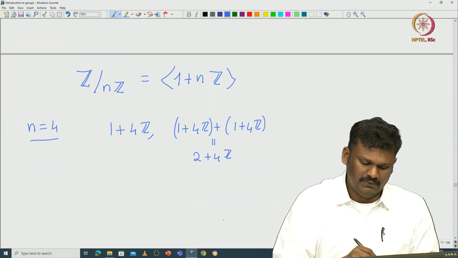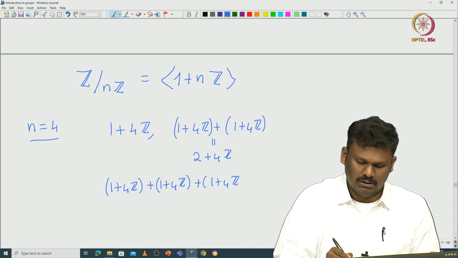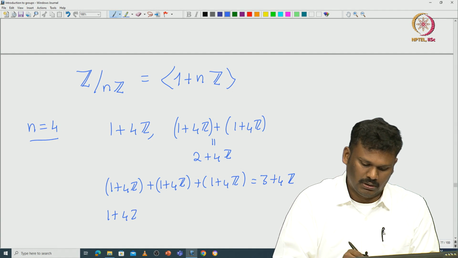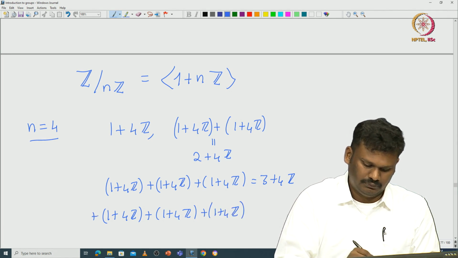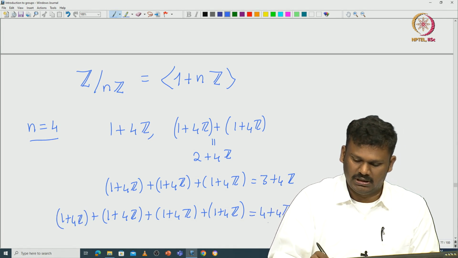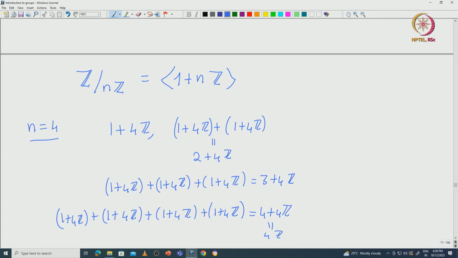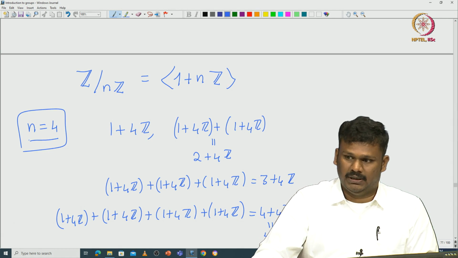Similarly, if you add it 3 times, you get 3 + 4Z. And if you do it 4 times, you get exactly 4 + 4Z, which is the same as 4Z, the identity element. This way you can see that all the elements of the group are obtained.